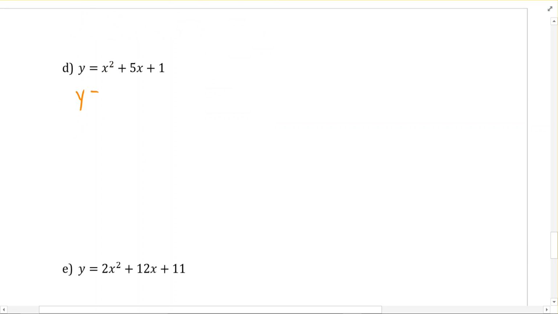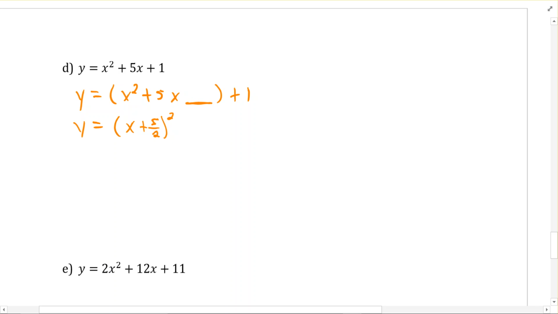Okay, we're going to do y is equal to x squared plus 5x, leave a space, we'll say plus 1. Okay, so I'm going to go down, I'm going to say y is equal to, now, don't worry about this one, we're still going to just take half of 5 and we're going to write it as 5 over 2. Then that's squared. And now what goes up here, we're going to do the same thing.